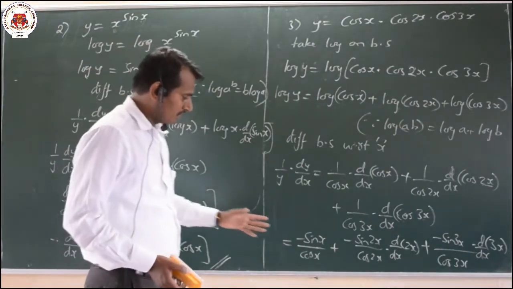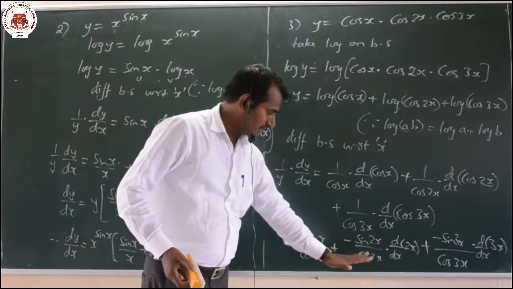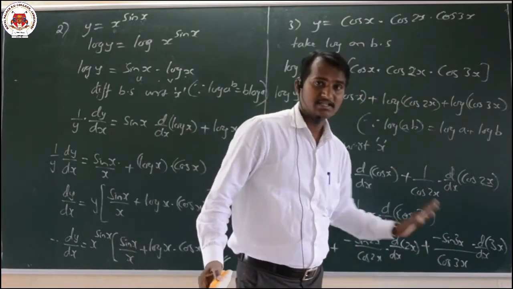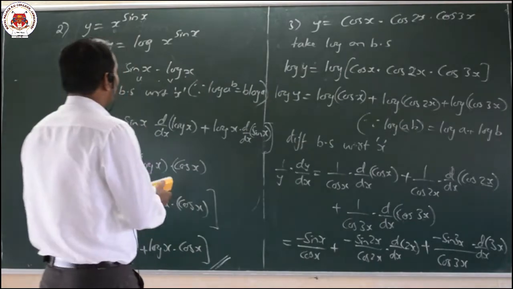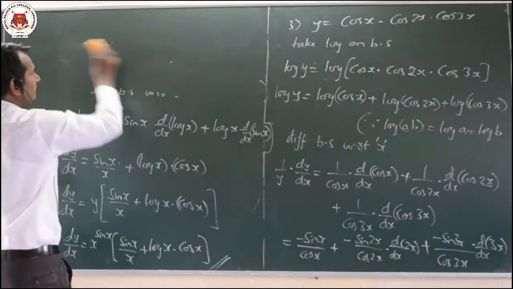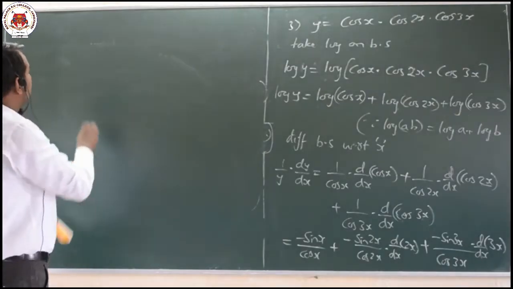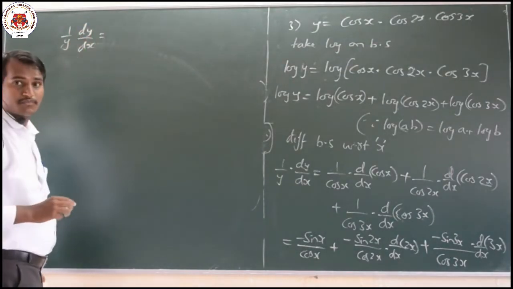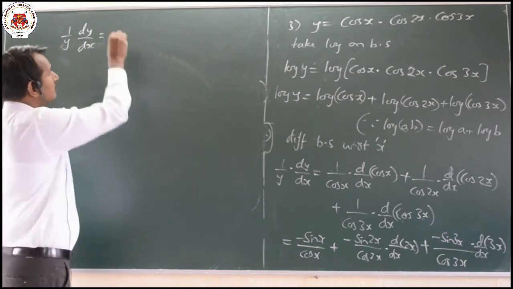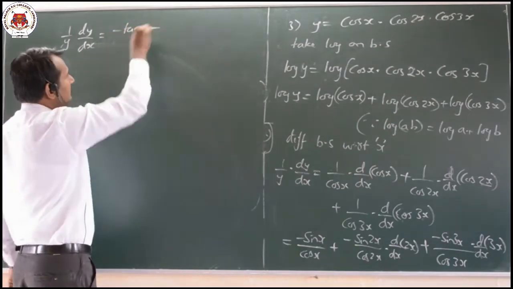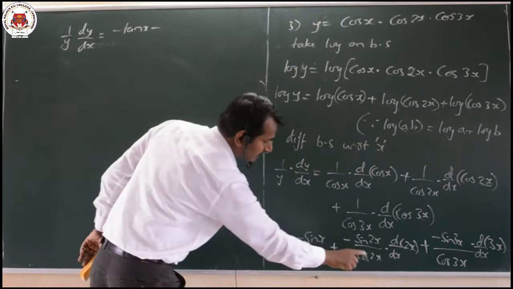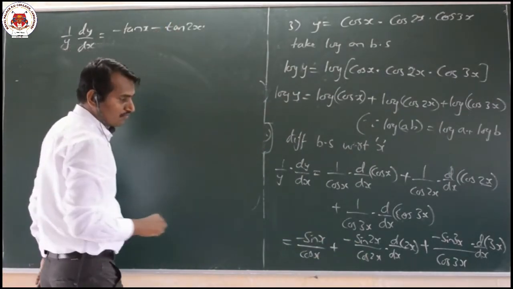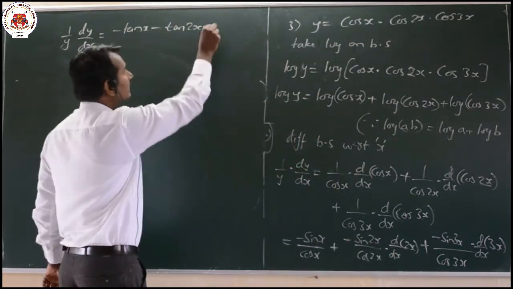For the simplification, sin by cos is tan: sin 2x by cos 2x is tan 2x, sin 3x by cos 3x is tan 3x, so we can simplify. Now the value is 1 by y into dy by dx equal to minus of tan x, then minus of sin 2x by cos 2x, that is tan 2x, into further differentiation of 2x, that is 2.